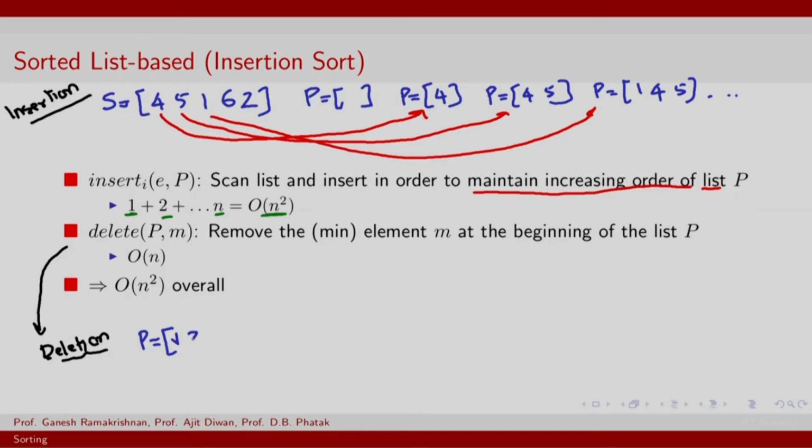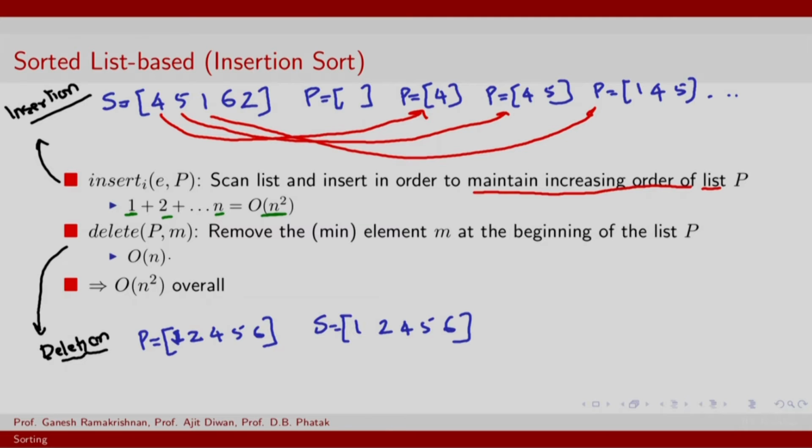So you have 1, 2, 4, 5, 6, and all you need to do is push them in the same order into S. So this is order n, whereas insertion was order n square. Overall the complexity is order n square because it is dictated by the more expensive insert.